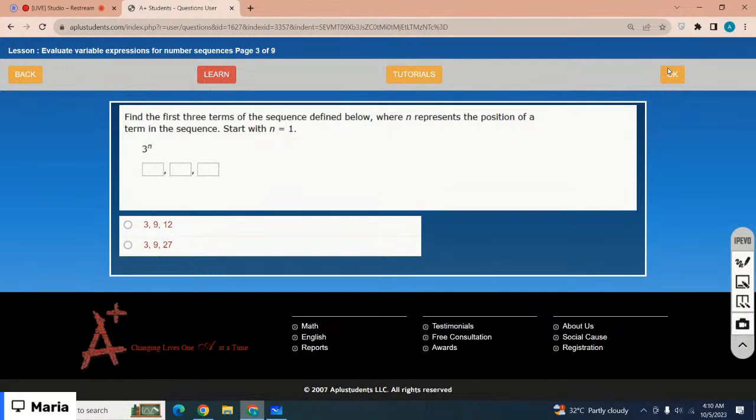You can evaluate and write down the answer in the chat box. That would be the second one. 3, 9 and 27 is the correct option.